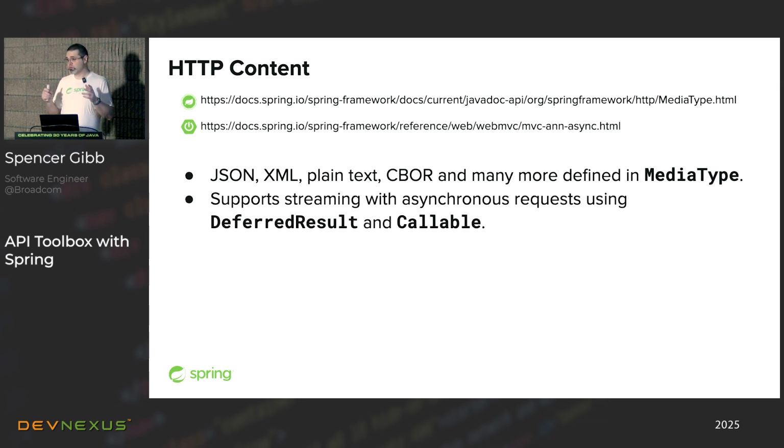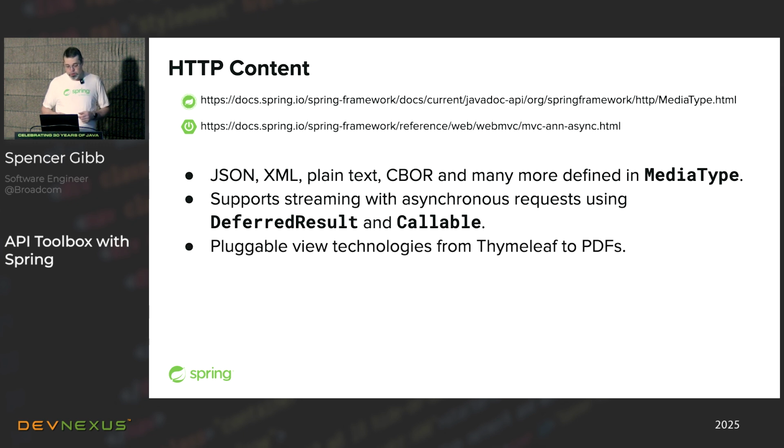It also can support streaming HTTP requests, so for example, server-sent events you can supply from Spring Framework. And then you can also populate views, whether that's Thymeleaf. I've created PDFs out of Spring controllers for folks to download. Or Mustache, if you're familiar with Mustache. That's pretty popular now, too.